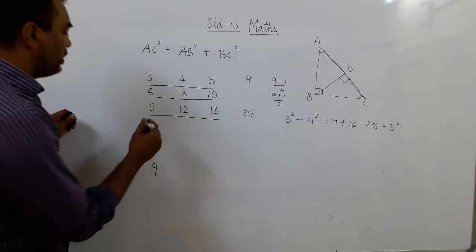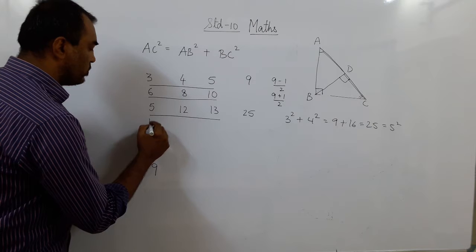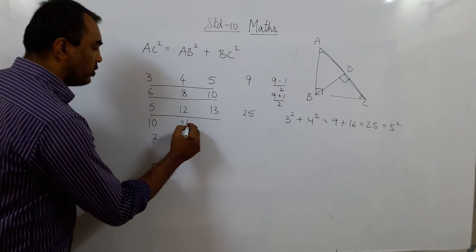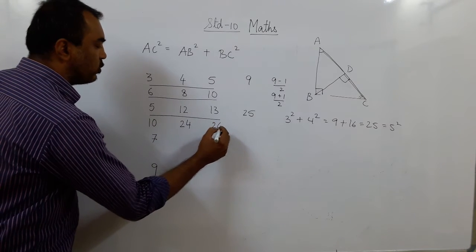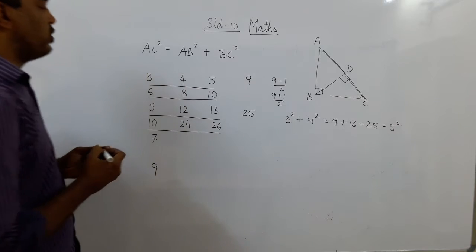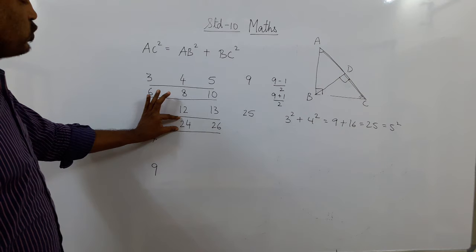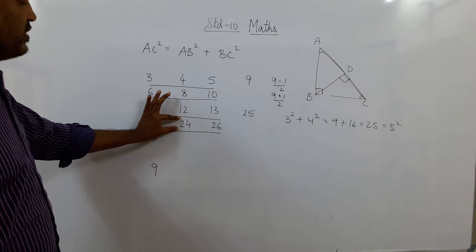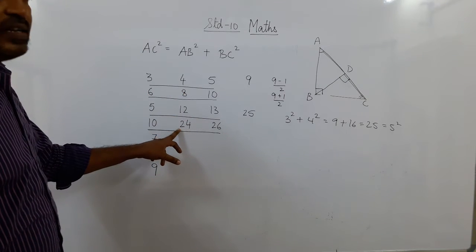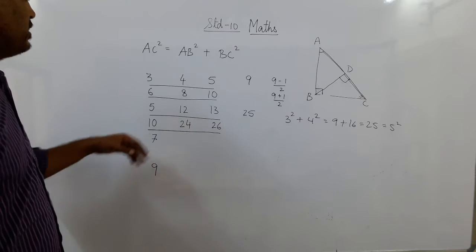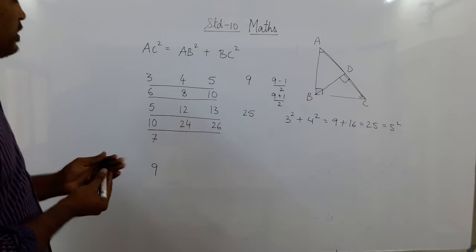If you multiply by 2, 5 2s are 10, 12 2s are 24, 13 2s are 26, again a Pythagorean triplet. 10 square is 100, 24 square is how much? 576. 100 plus 576 is 676, which is 26 square. So this is the Pythagorean triplet.